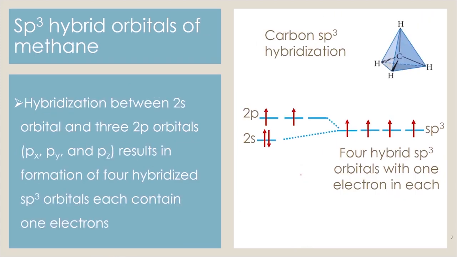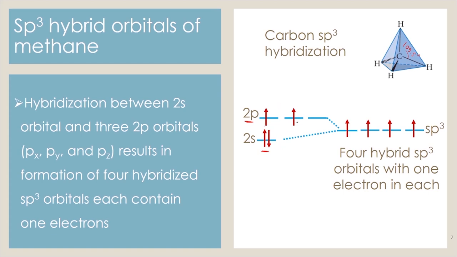To understand the sp3 hybridization, let us look at the methane molecule. We used the VSEPR theory to predict the molecular shape, and we know that it forms a tetrahedral structure with equivalent 109.5 degree angles between bonds. The carbon atom has 4 valence electrons, 2 electrons in 2s and 2 in the 2p orbitals.